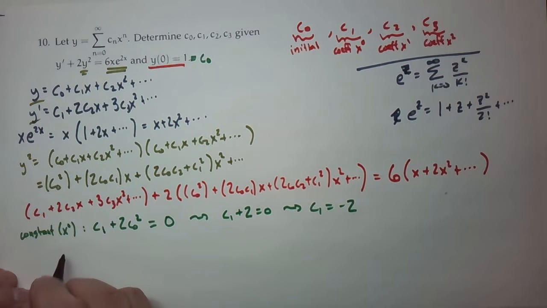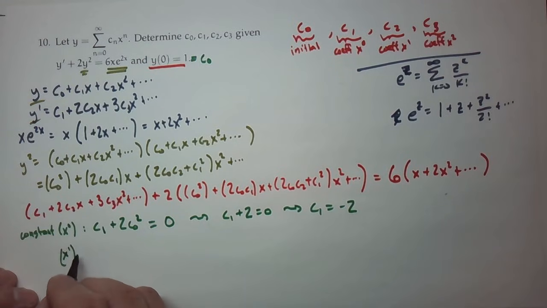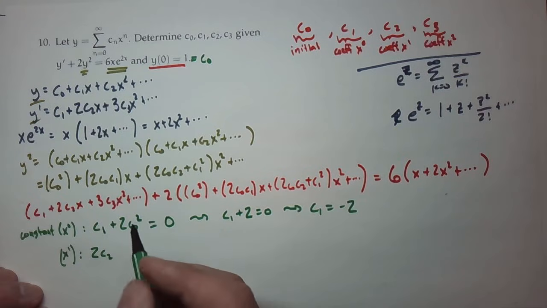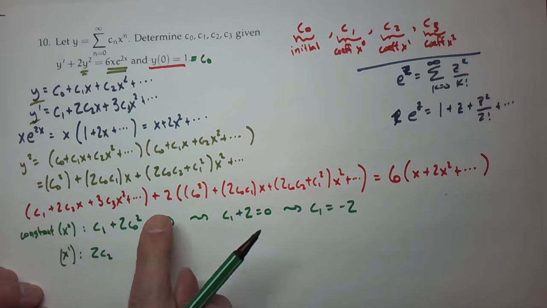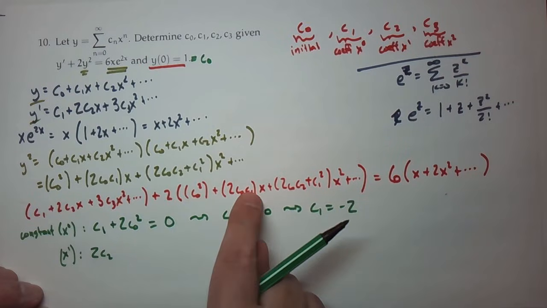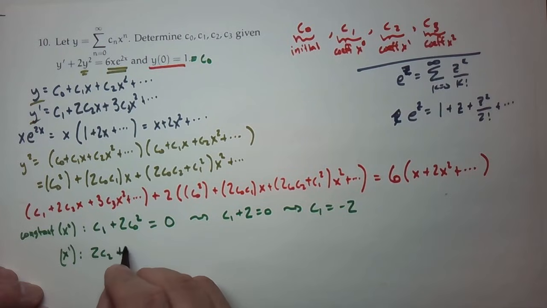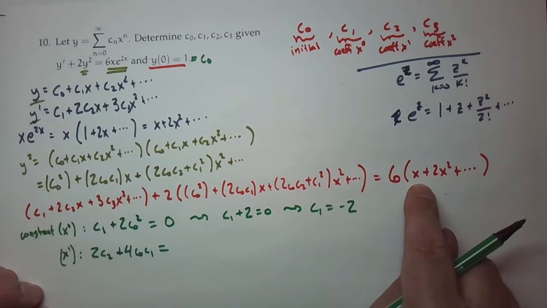All right. Now let's look at our coefficient of x to the 1. From the y prime part, what do we have? It's 2c2. From the second term, don't forget this 2. Numbers distribute. So it's 4, because it's 2 times 2, c0c1. So plus 4c0c1 equals, and the coefficient of x is 6.